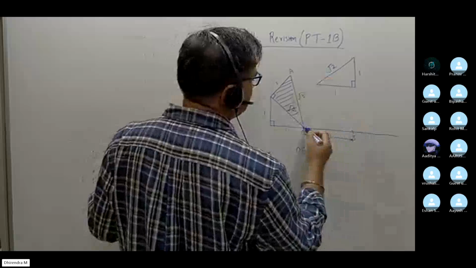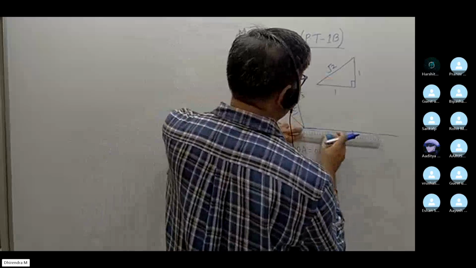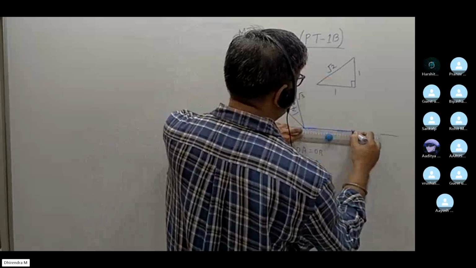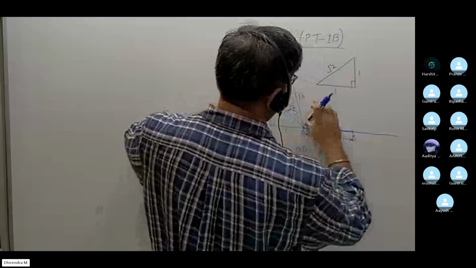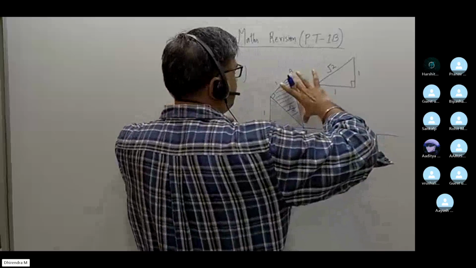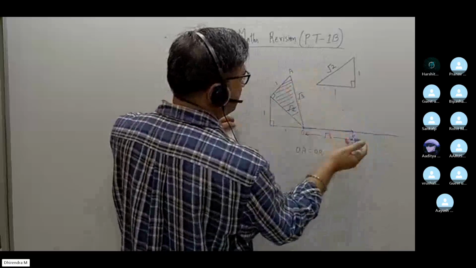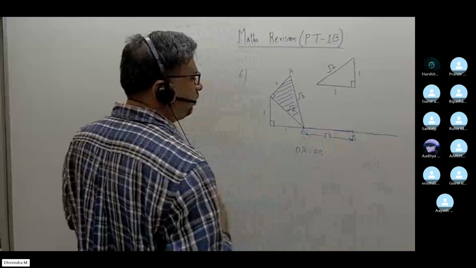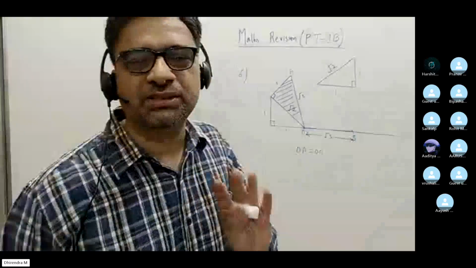I do it using a compass. I take this much radius, and with this as center, I mark here. So OB will be equal to root 3. Have you people understood this completely?